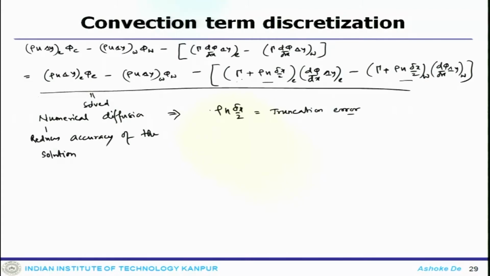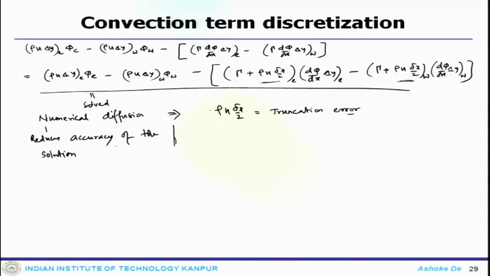Not only the gamma d phi by dx term, we get an extra term in the context of discretization, known as numerical diffusion, and it has a negative impact on the solution because the accuracy degrades.